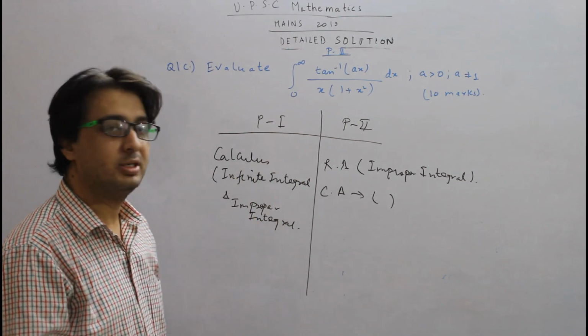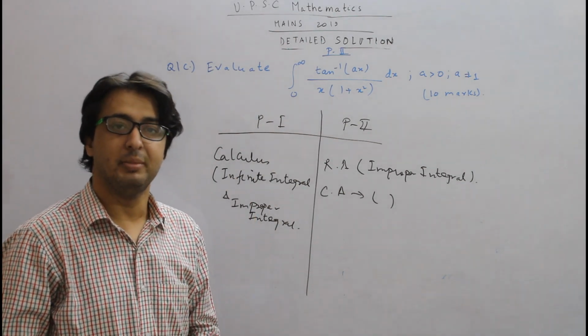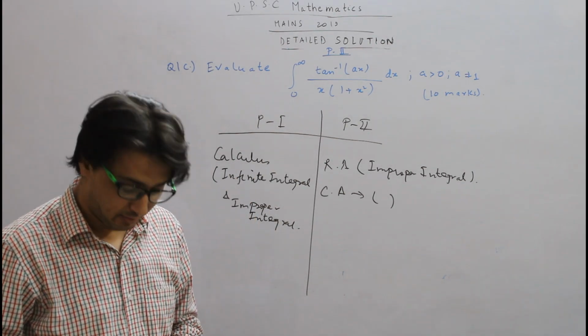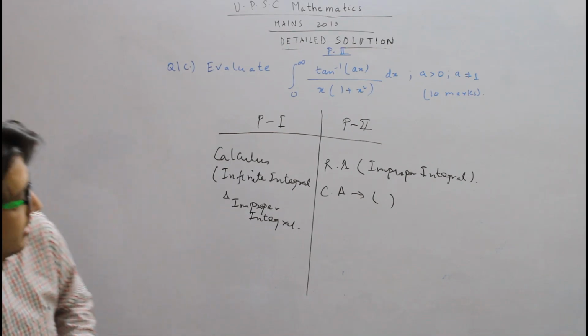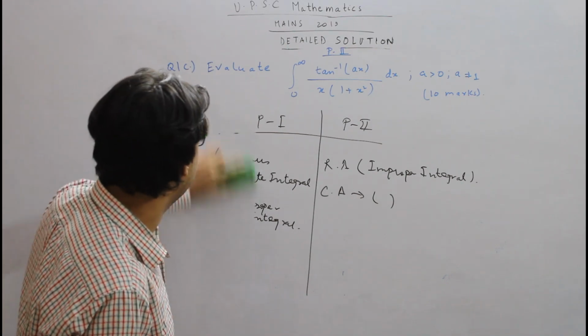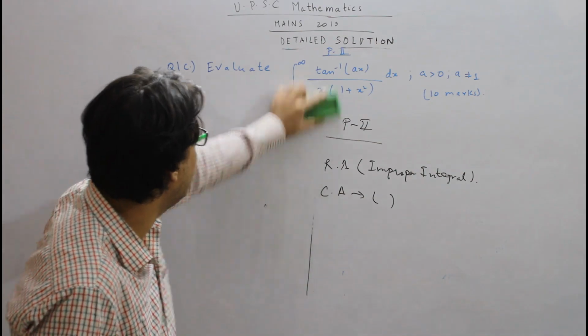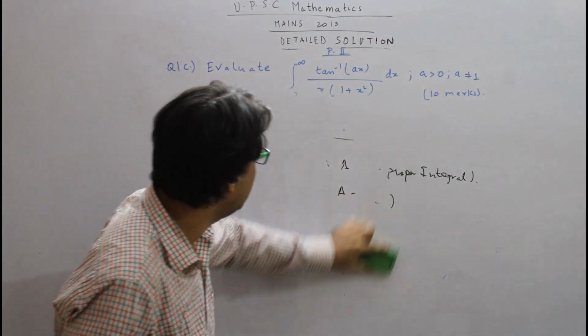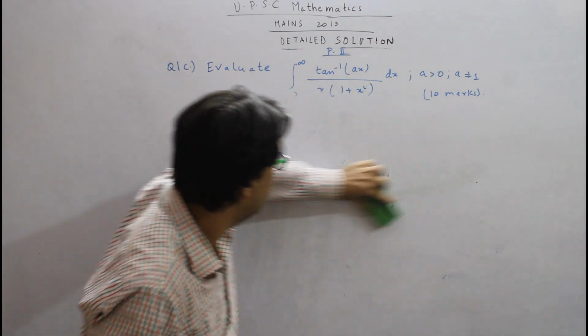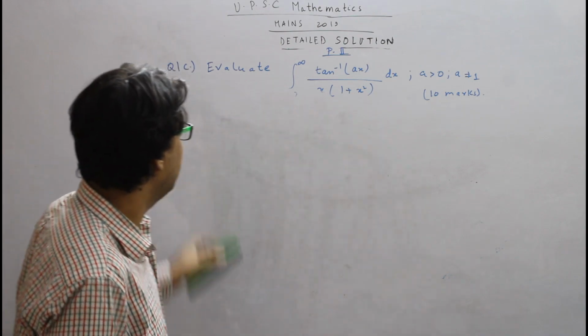If I talk about calculus, we have already studied the method of differentiation under the sign of integration. So we have to first analyze, because in the paper they can ask you explicitly to do it by contour integration or by using the method of differentiation under sign of integration.